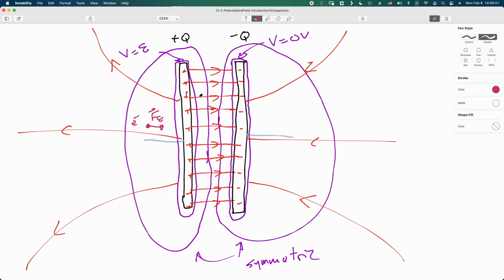So as the voltage builds up, that means the electric field strength increases both between the plates but also on the outside of the plates. And yes, this does mean that we have a very slight charge distribution on the outsides of the plates as well.